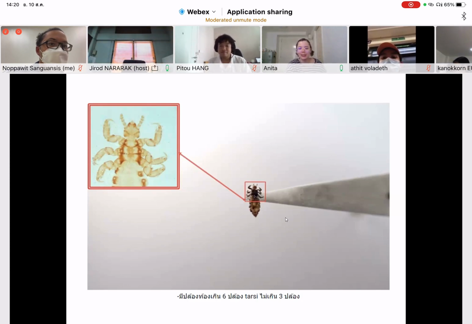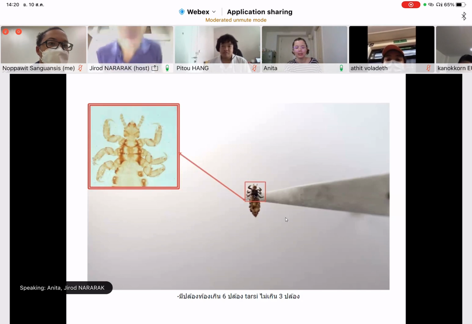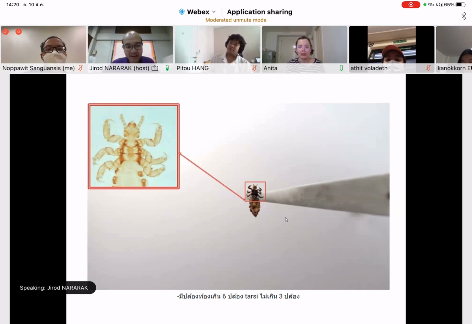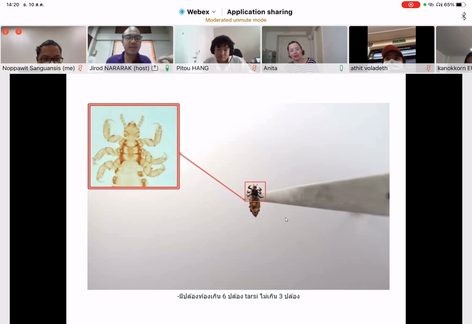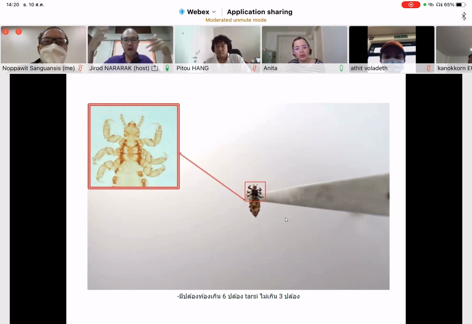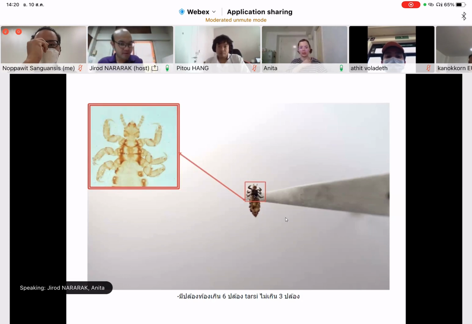Is this Siphonaptera? Yes, correct. Don't confuse it with fleas, which some students ask me. The flea's leg is a jumping leg, and this leg is used to climb or crawl on hair. So this belongs to the Phthiraptera.